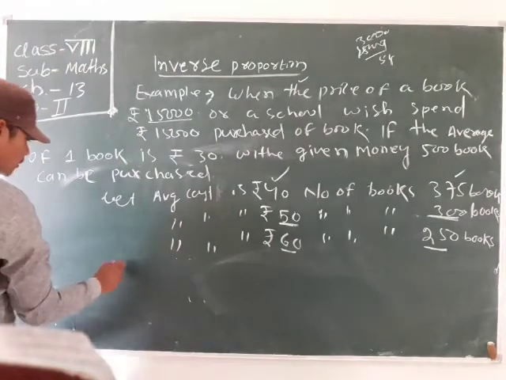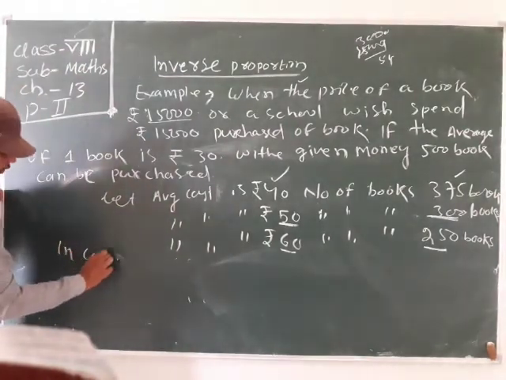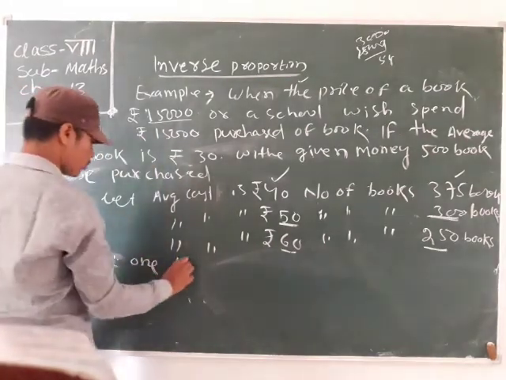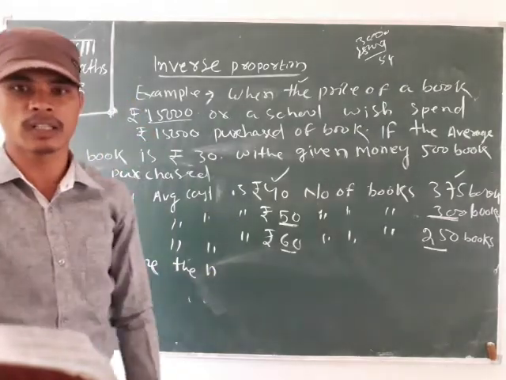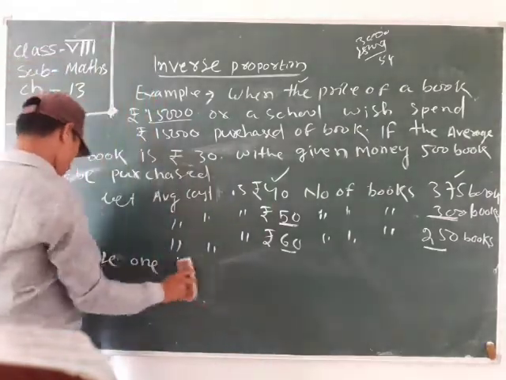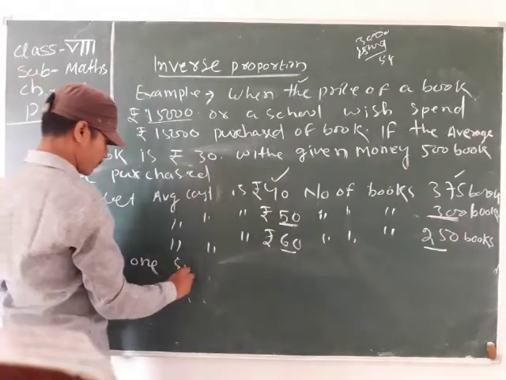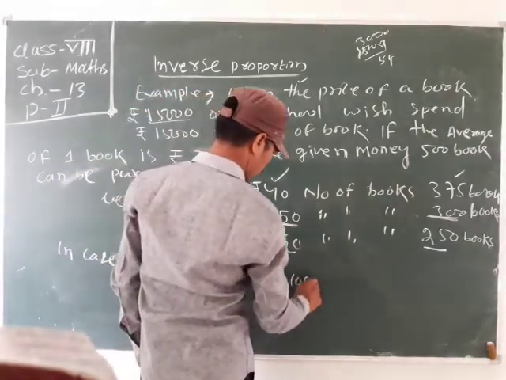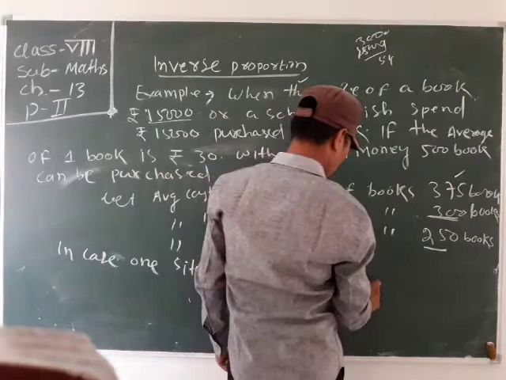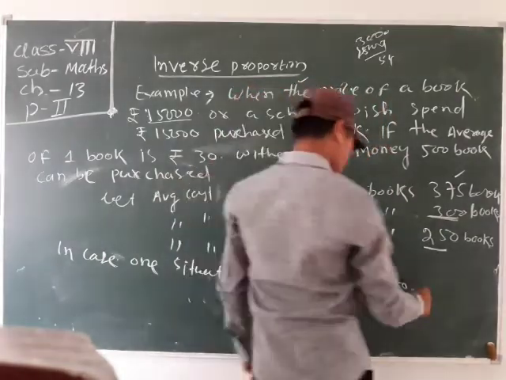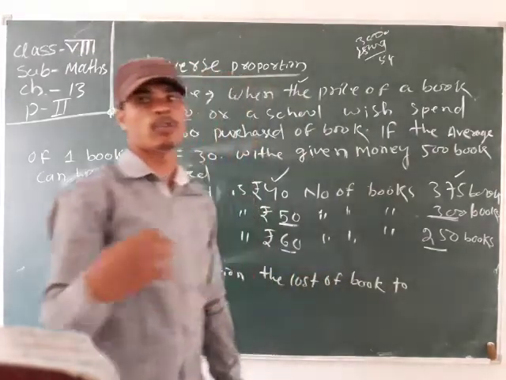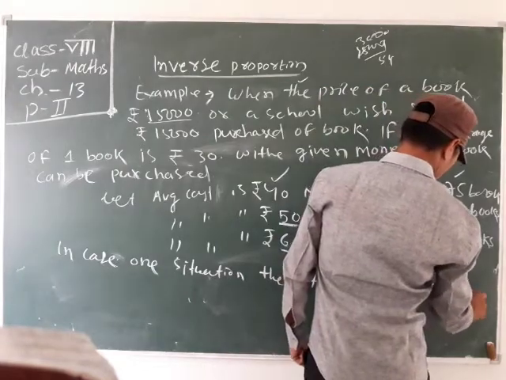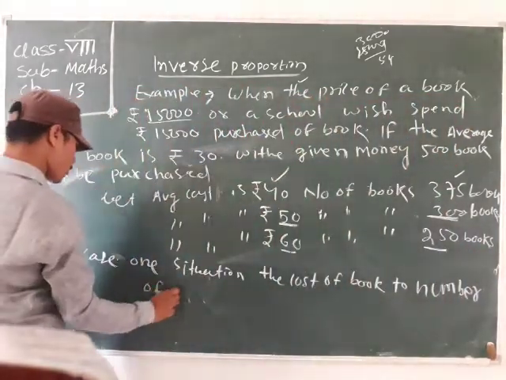Suppose in case 1, the first situation, we write the ratio of the cost of book to the number of books.